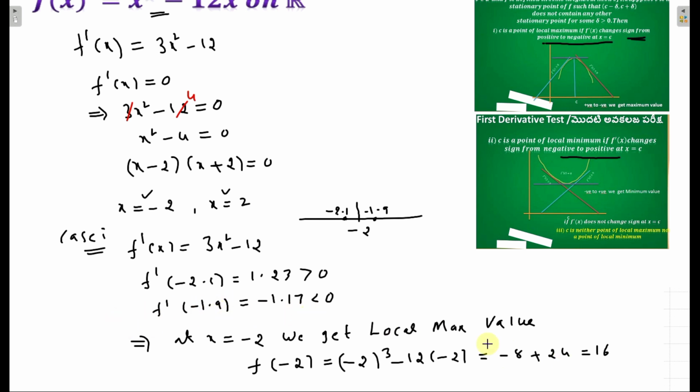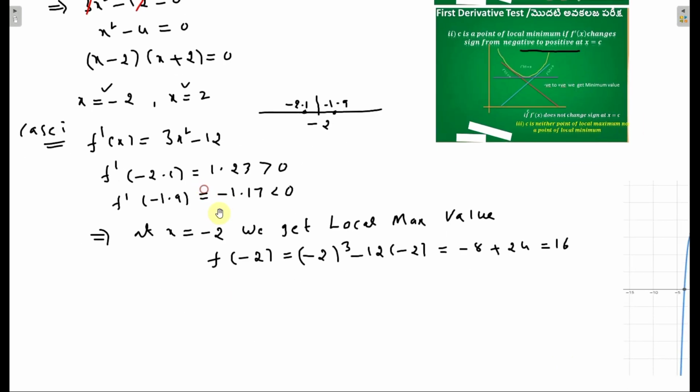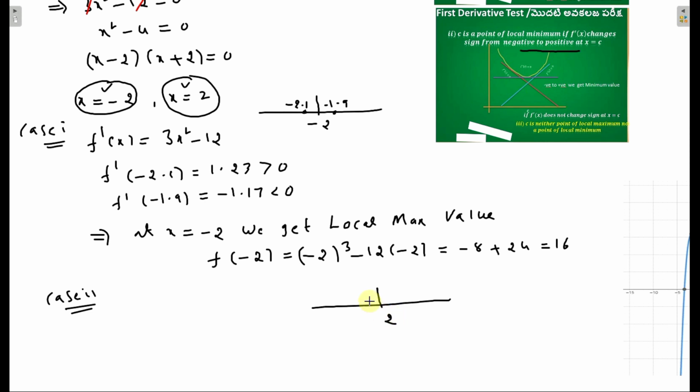Similarly, in case 2, at x is equal to 2, here we got two values. At x is equal to minus 2 we have calculated, and at x is equal to plus 2 here. This is plus 2.